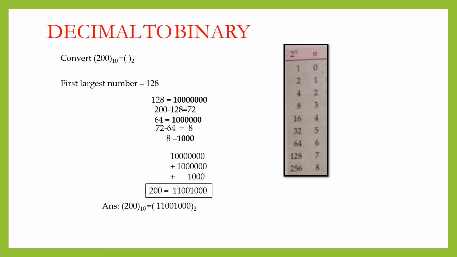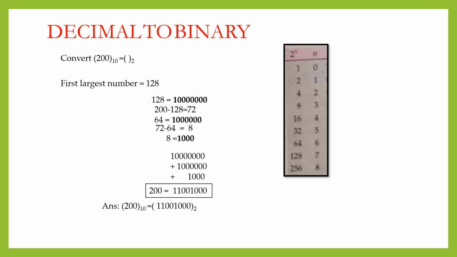So put 1 at the 8th position and 0 at all other positions. So the 128 decimal value is equal to 10000000 binary value. Repeat this process for the remainder and continue until the remainder is 0.